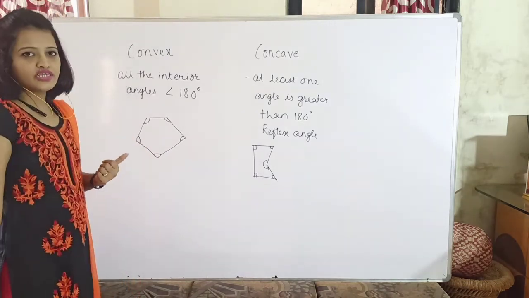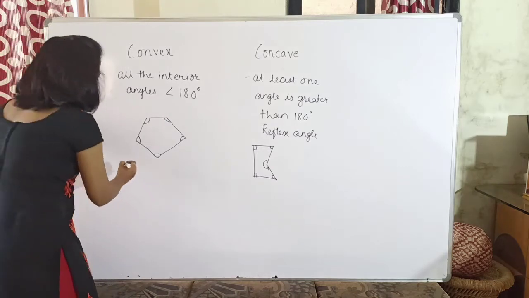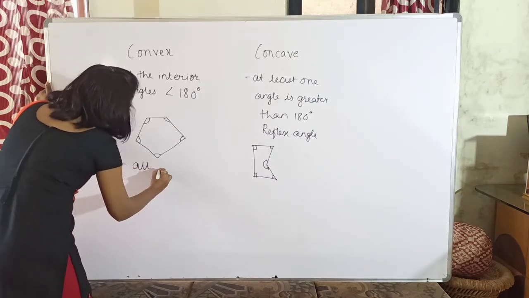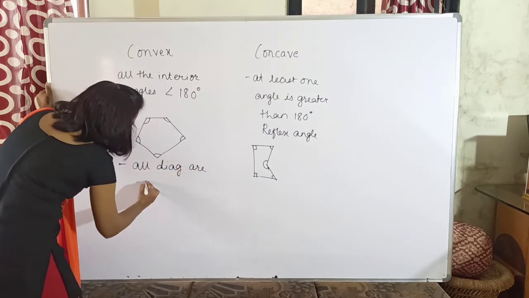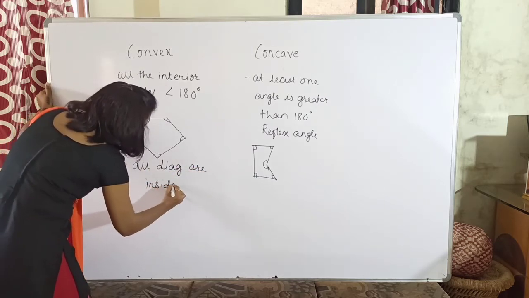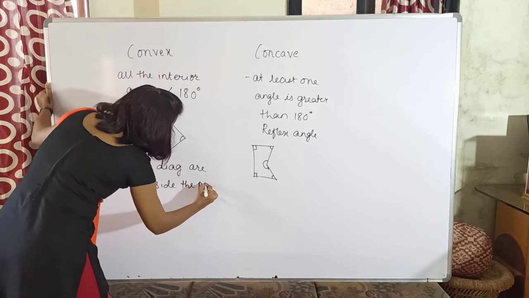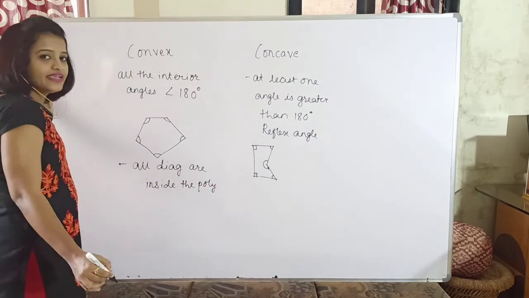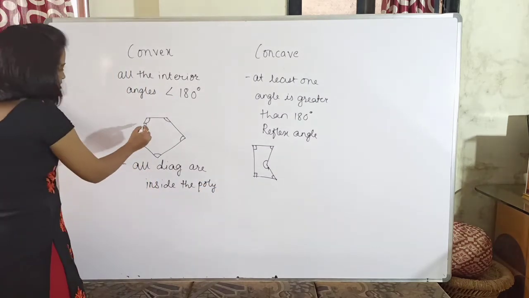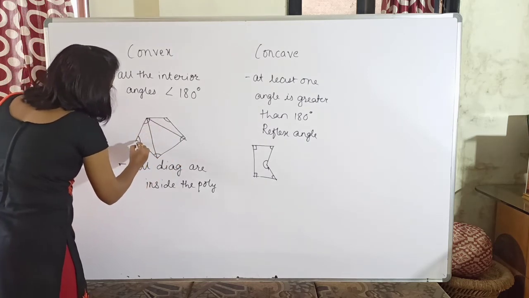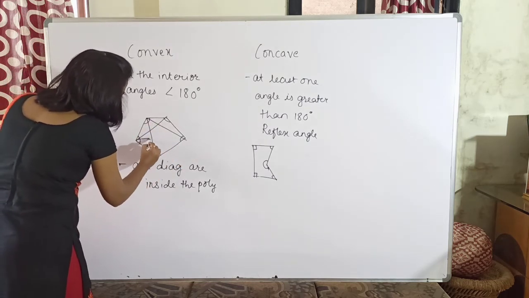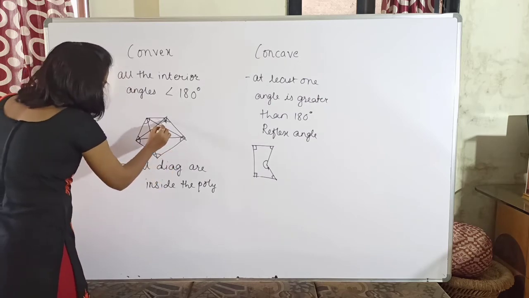Another differentiating point is, in the case of a convex polygon, all the diagonals are inside the polygon. If you try to join the diagonals, leaving the neighboring vertices, you have to connect each vertex with all the other ones.